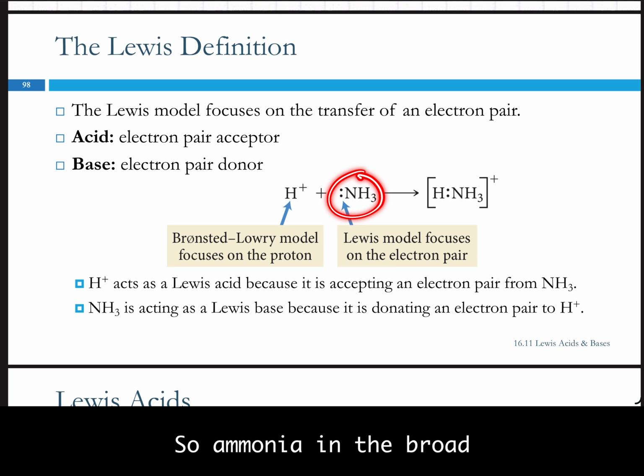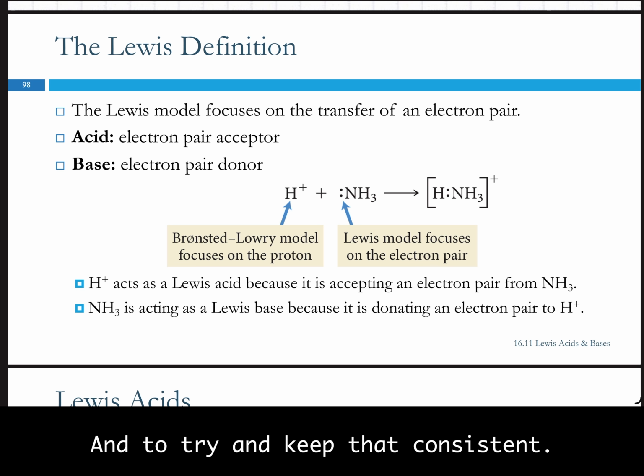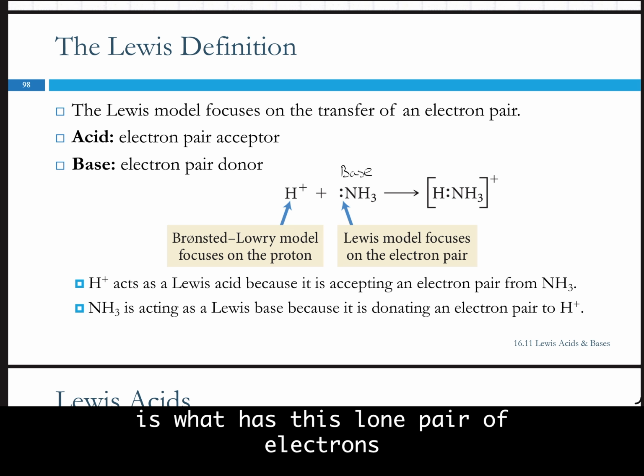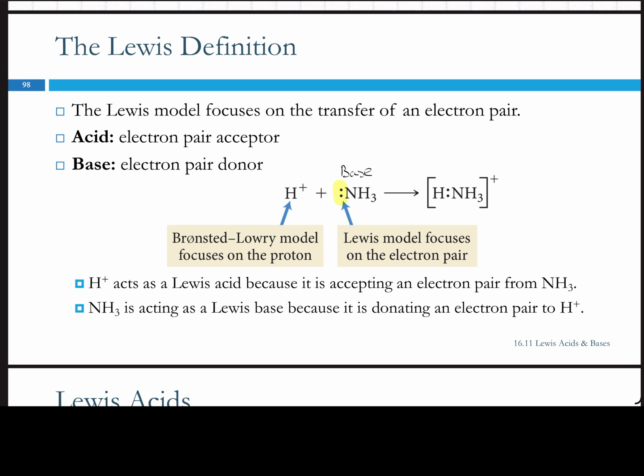So ammonia in the Bronsted-Lowry definition is a base. And to keep that consistent, that's why it's a base in the Lewis definition. Because now my base here is what has this lone pair of electrons that it donates to the hydrogen.